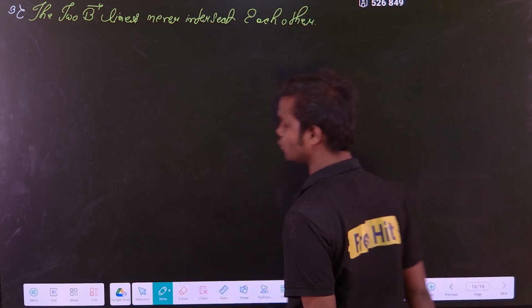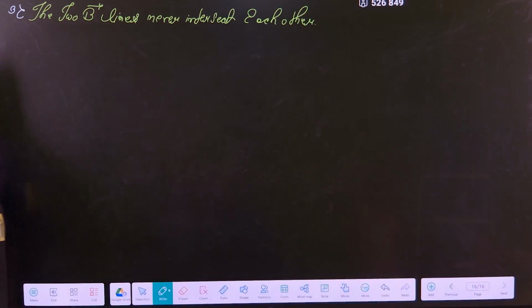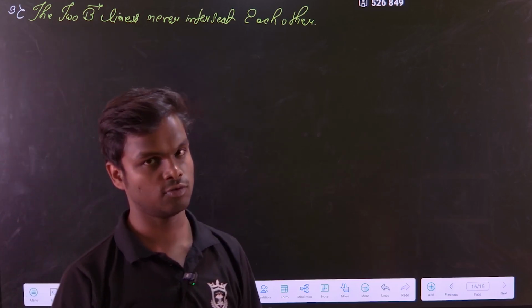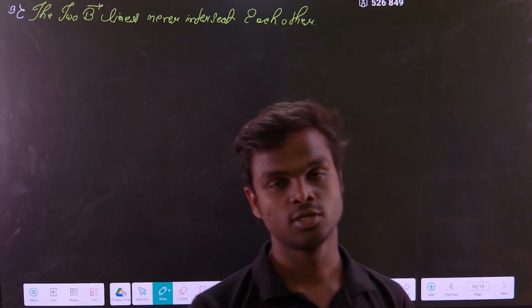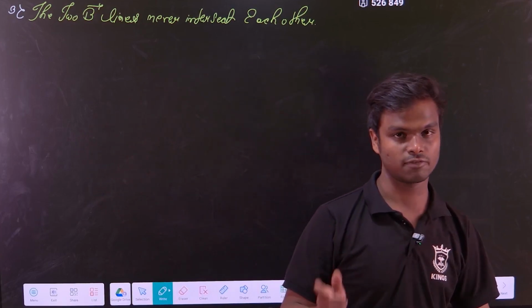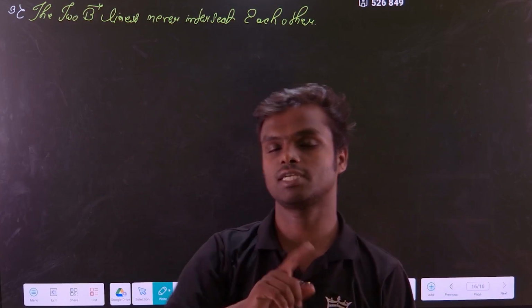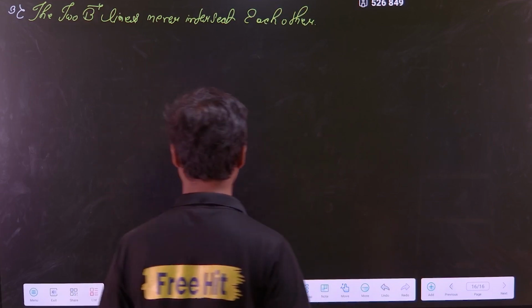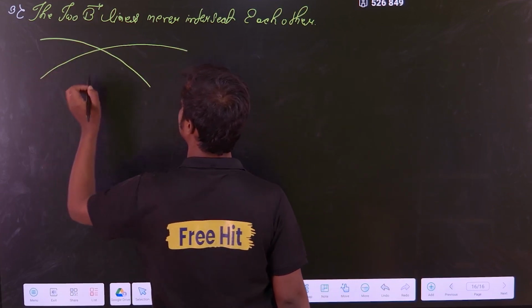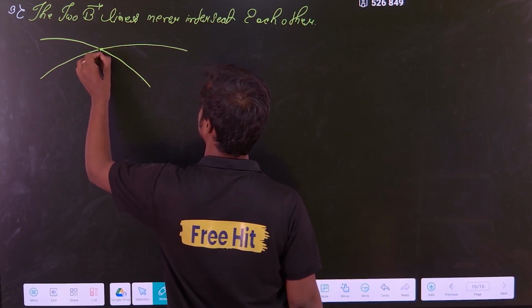Okay, what is the reason? At one point we would have two directions of the magnetic field, not magnetic force, because the direction of force and direction of magnetic field is not the same. At the point of intersection there would be two directions of the magnetic field, which is not possible, so they never intersect each other. If I have one magnetic field line B1 and another magnetic field line B2, they cannot intersect at this point.